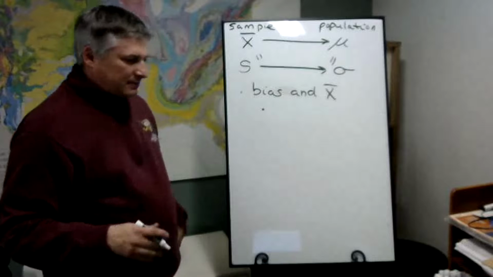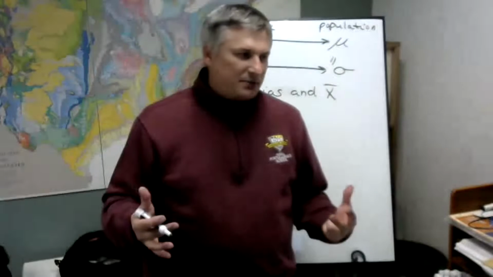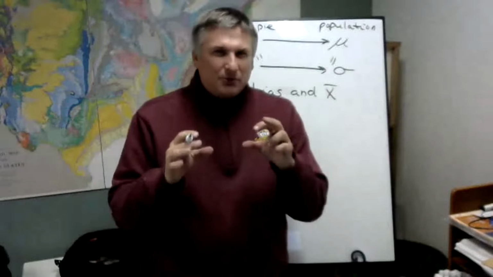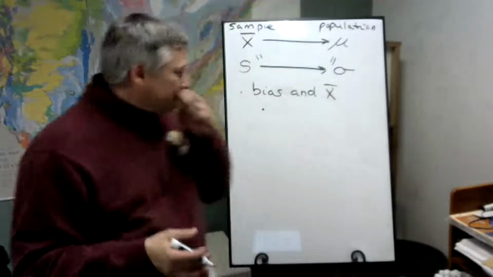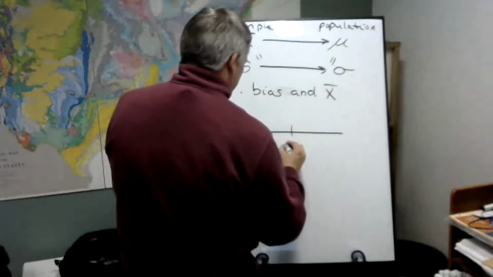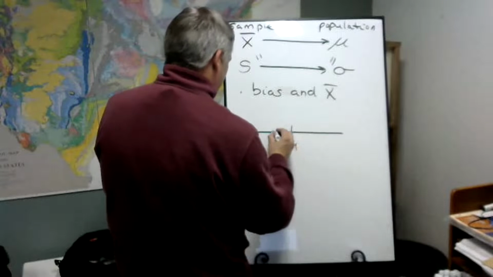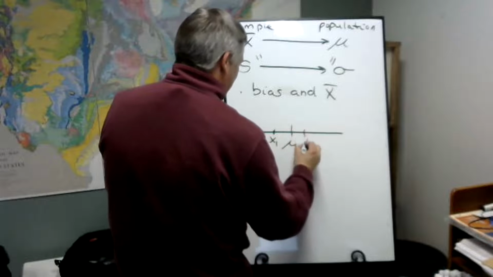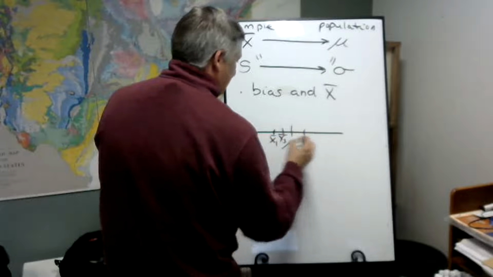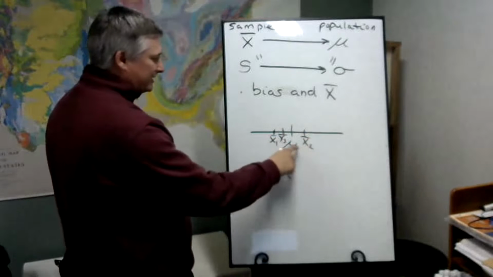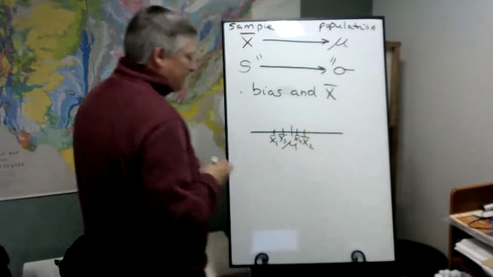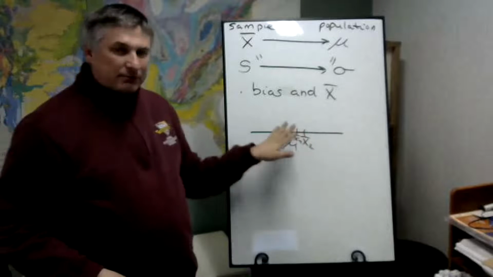They're going to center, they're going to be close to the actual population mean. So we might see something like this. Here's X bar 1, this could be X bar 2, X bar 3, maybe this is X bar 4, from the first sample, second sample, third sample, but they're all going to gather around the mean.